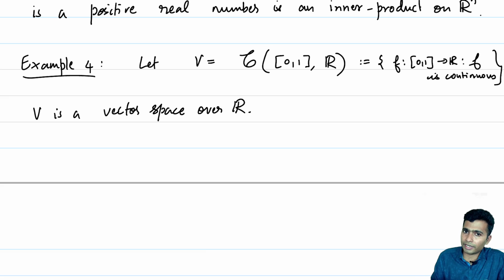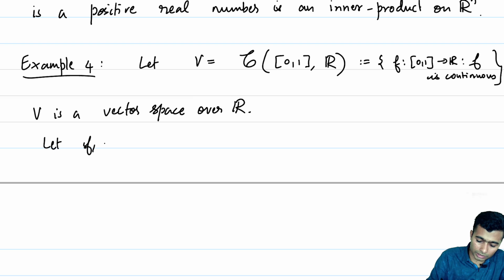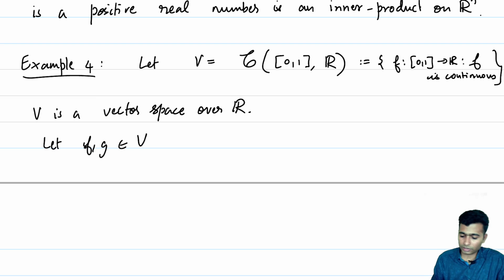We would like to now define an inner product on V. So let f comma g be real valued functions on [0,1] which are continuous.